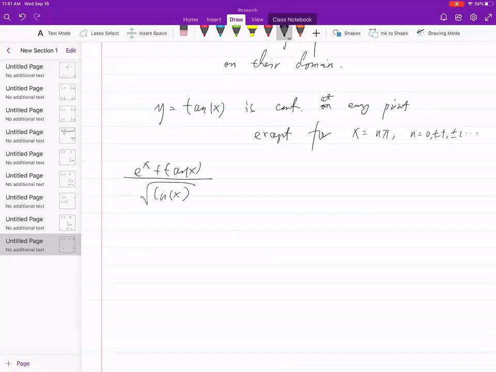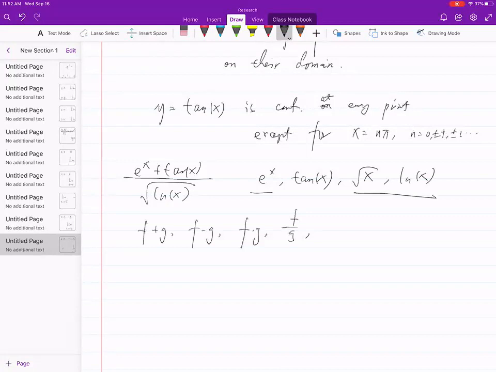No. It's 4 simple functions. This one, I know where it's continuous. This one, I know where it's continuous. This one I know, and this one I know. How do you combine them to be the one we want? F plus G, F minus G, F times G, F divided by G, and finally, for this case, F circle G, which is composition.